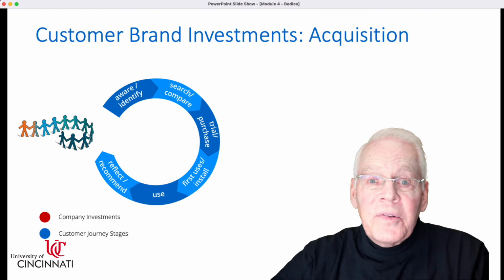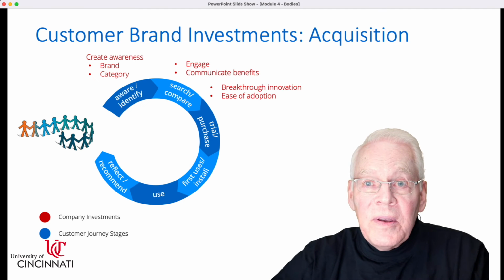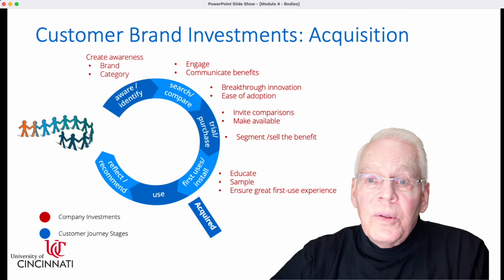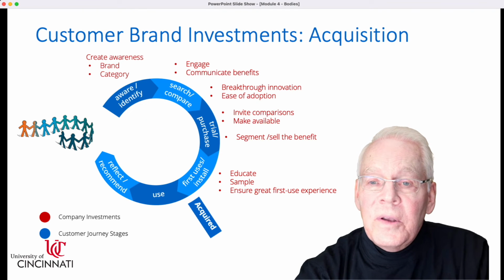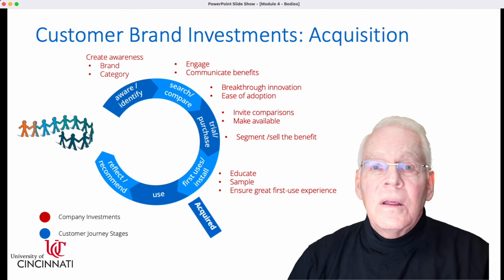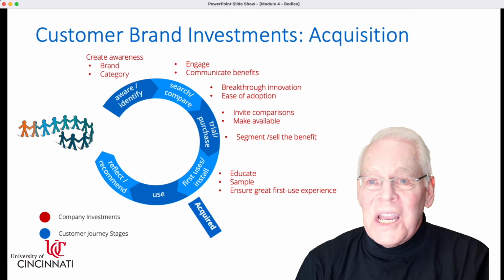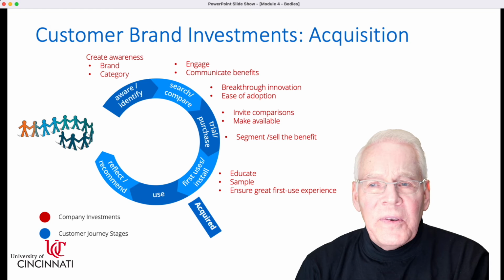When you're acquiring customers, it looks like this. You go through each of the steps to acquire them. And I'm going to go back here so you can see the full map again. They create awareness, engage, make it easy for them to adopt.